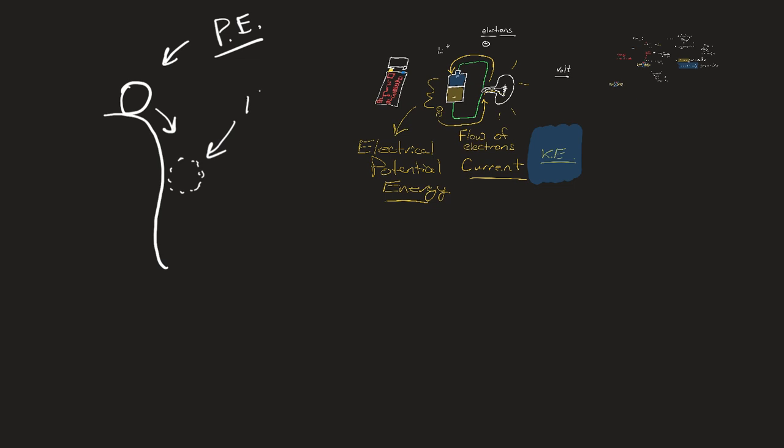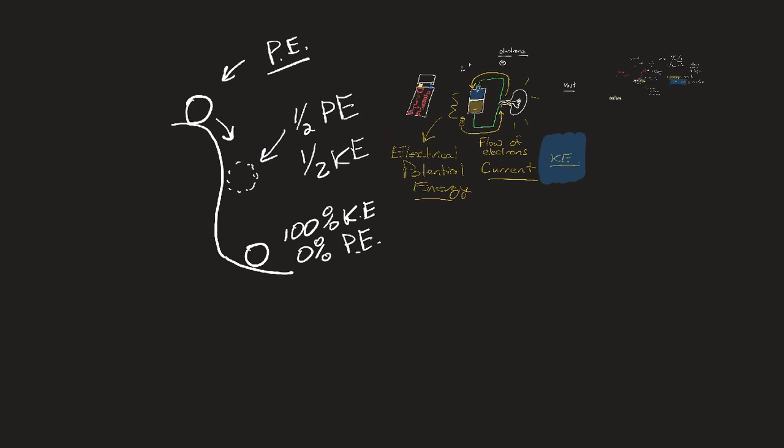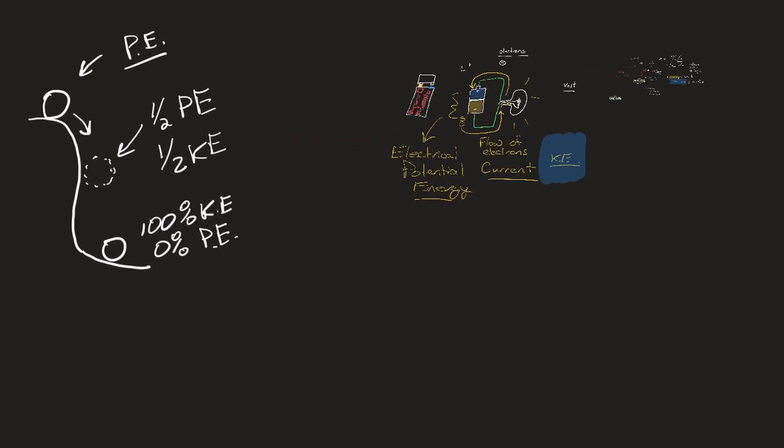So about halfway down, half the potential energy is gone, and you still have half the potential energy left, and then half the energy is kinetic energy, correct? Do you remember that? Then at the bottom of the hill, what do you got? It's 100% what? Kinetic, so it's going as fast as it's going to go, and 0% potential energy because it's at the bottom of the hill, not at the top. Does everybody agree with that?